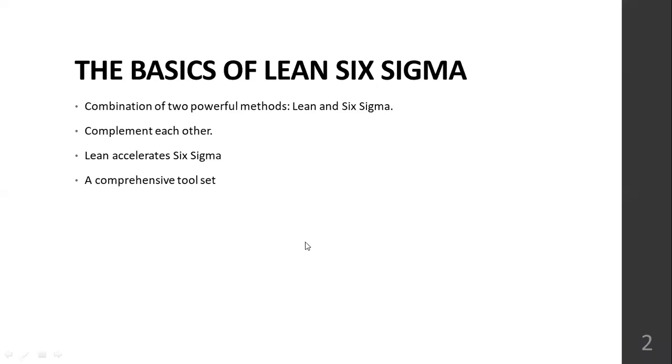So the basics of Lean Six Sigma. You have to divide it into Lean and Six Sigma. These are two separate philosophies of quality management per se. So Six Sigma focuses on reducing any variation in your process. Variation means something that is not normal.